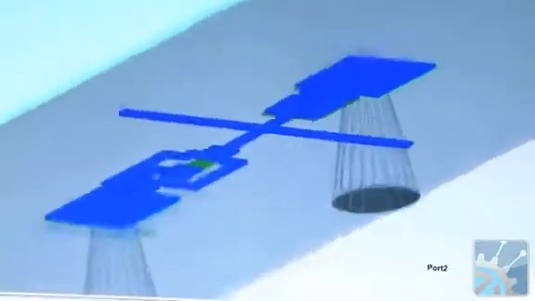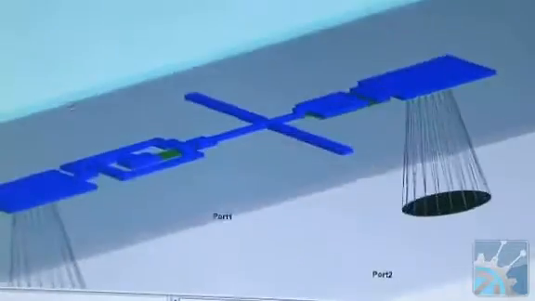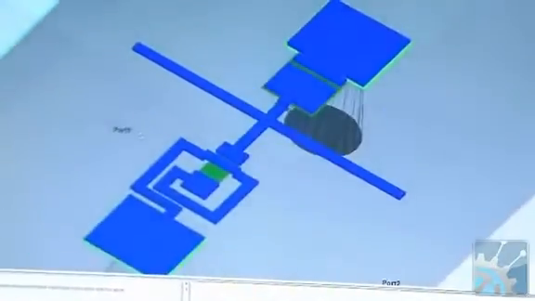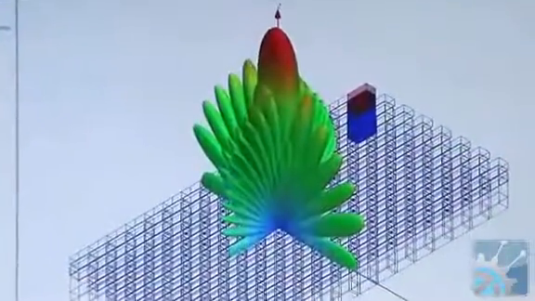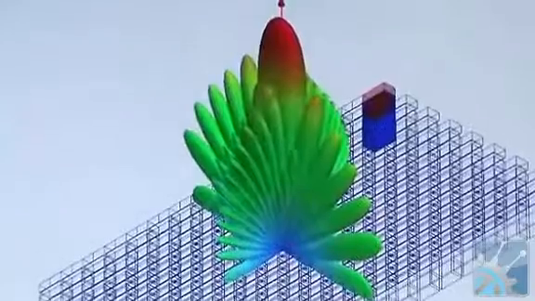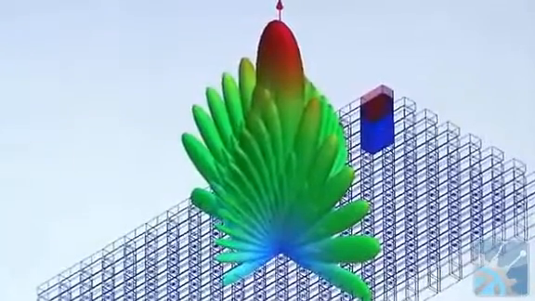Sure. HFSS is a 3D electromagnetic field simulator, fundamentally based on a technique called the finite element method. The finite element method's been around for a number of years. HFSS itself really made its name in providing very, very accurate solutions for many types of waveguide structures, microwave circuits, etc. Its success was predicated on adaptive meshing, so the engineer doesn't have to interact with the mesh and understand how to mesh.